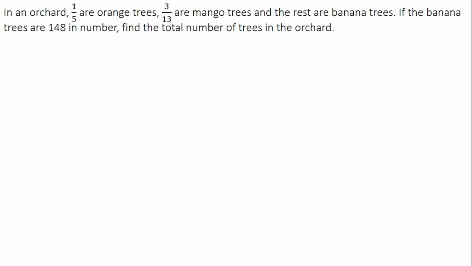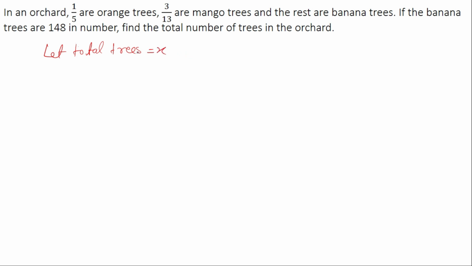In an orchard, 1 by 5 are orange trees, 3 by 13 are mango trees, and the rest are banana trees. If the banana trees are 148 in number, find the total number of trees in the orchard. So let the total number of trees in the orchard be x.